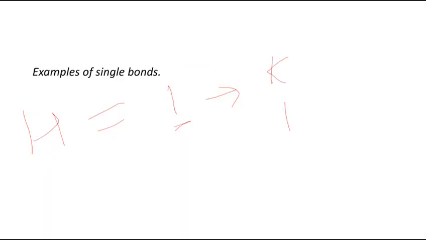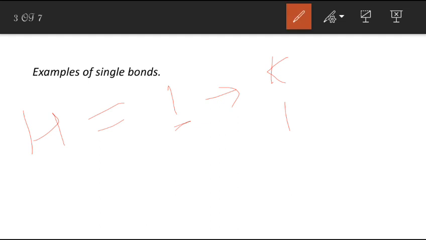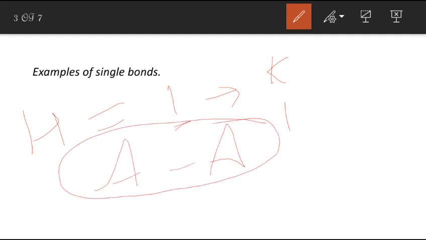So when two or more non-metals, whether similar or different, react with each other, for instance in this way, A and A, these are two similar non-metals and they react with each other, they form a homonuclear molecule.